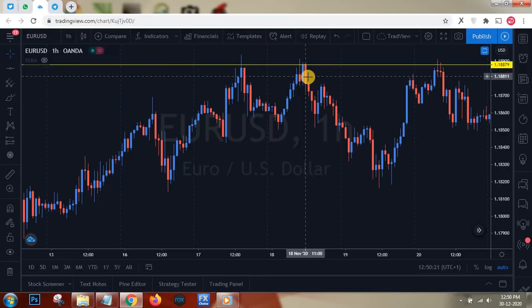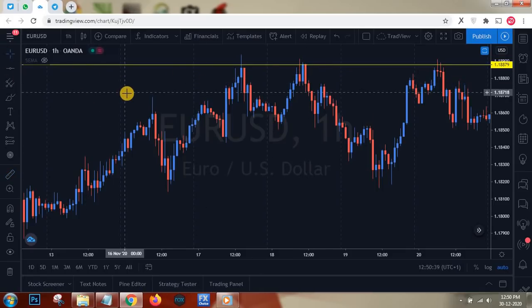If they are equal in length, then this is a railroad track. I would have said bullish engulfing, but this is a railroad track. Now I'm going to limit myself to 10 pips, entering the market instantly after they appeared. I can take it 10 pips or 15 pips, like I said.